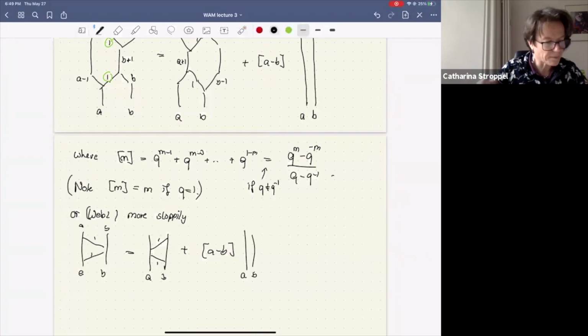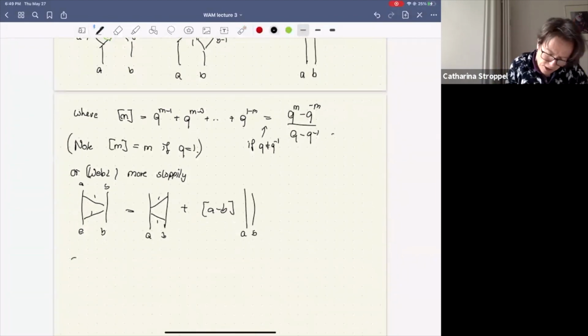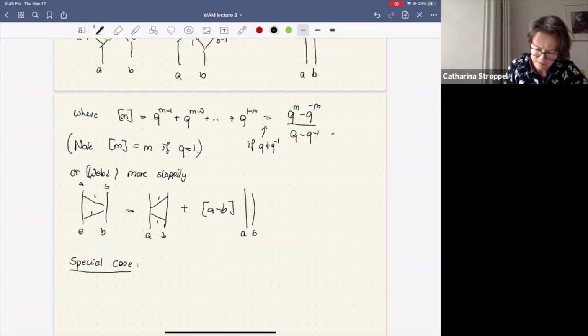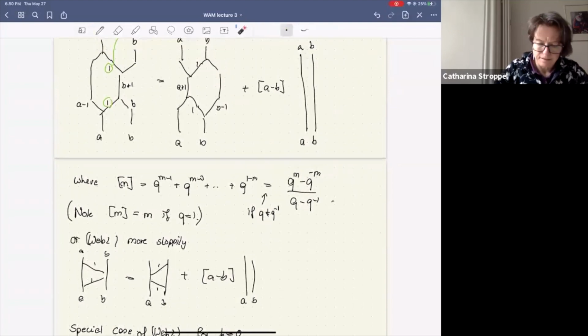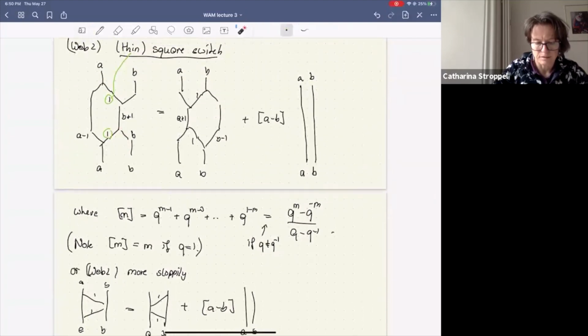Okay, so let me mention a special case of this square switch. If we take in this web 2, in this special case, say B equals 0, then this strand here disappears, and also this guy disappears completely.